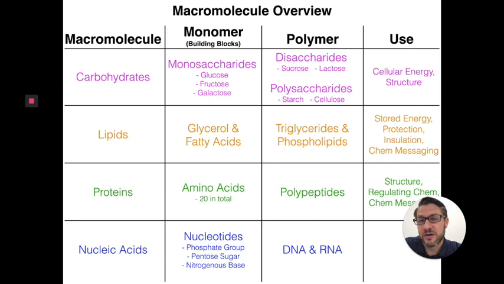The polymer of a nucleotide is a long-chain nucleic acid, and the two main examples we have, of course, are DNA, deoxyribonucleic acid, and RNA, ribonucleic acid. And of course, these nucleic acid molecules play a very important role in storing information in the cell.